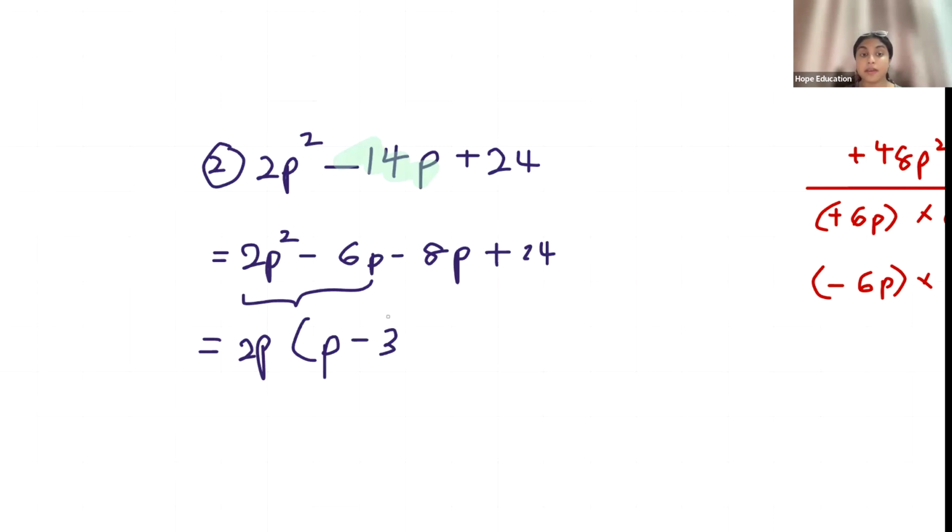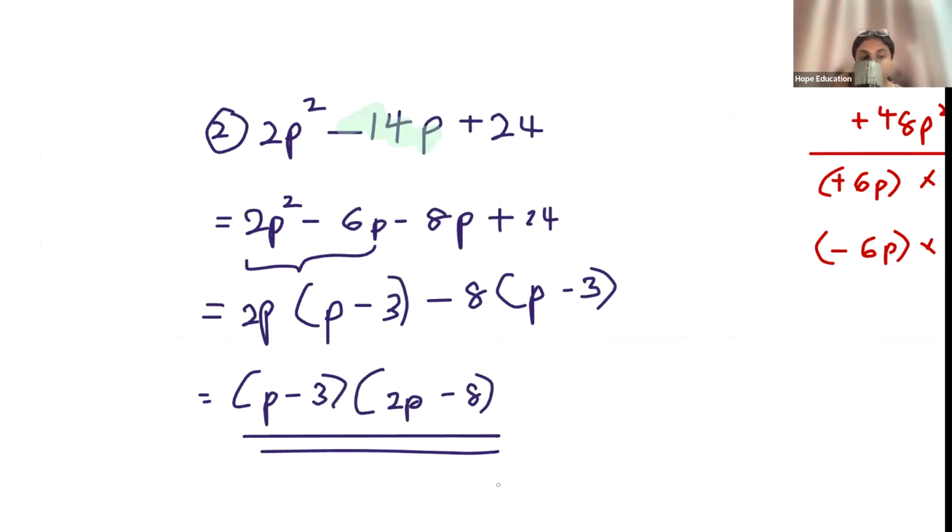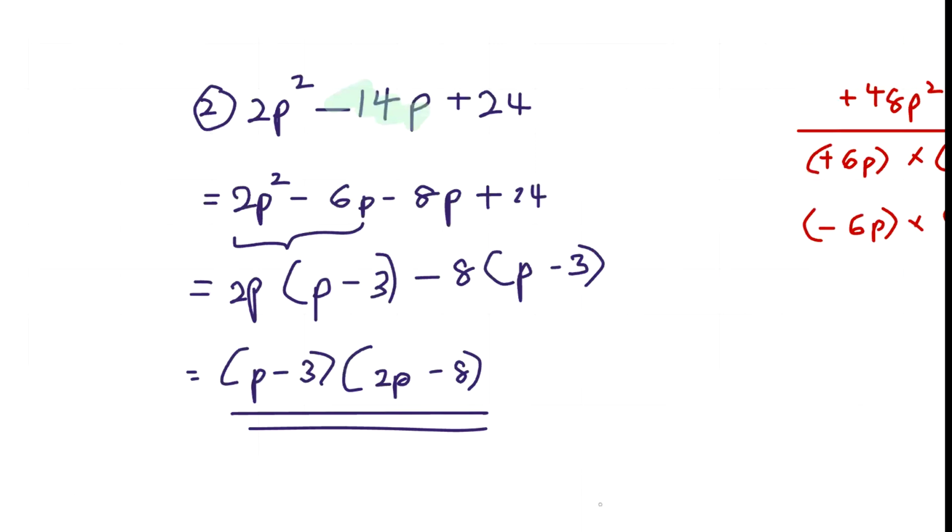So we have p minus 3, 2p minus 8. So this is how I get the answer. Did you all get this answer? Is this clear? Yes. All right, good. Now I'm going to discuss one more example. This is slightly different.